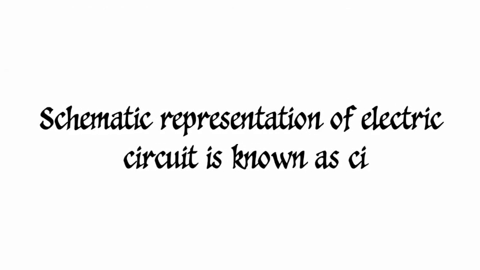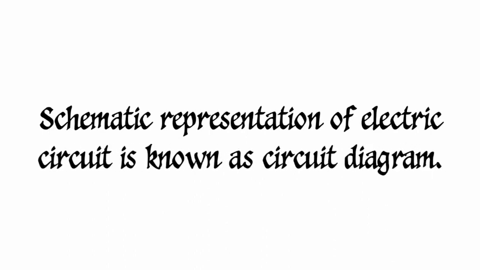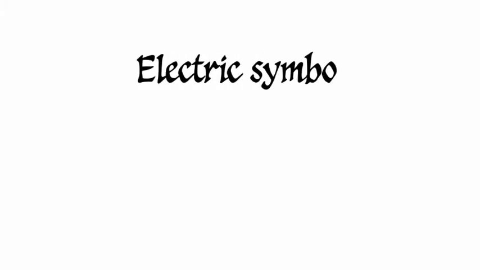Then the schematic representation, or the schematic drawing, of a particular electric circuit is defined as a circuit diagram. In order to simplify the complexity of drawing such an electric circuit, we have to use electric symbols.